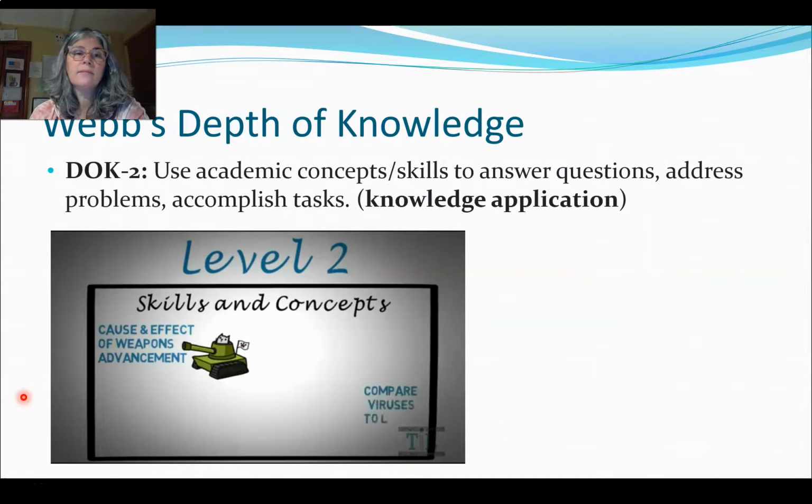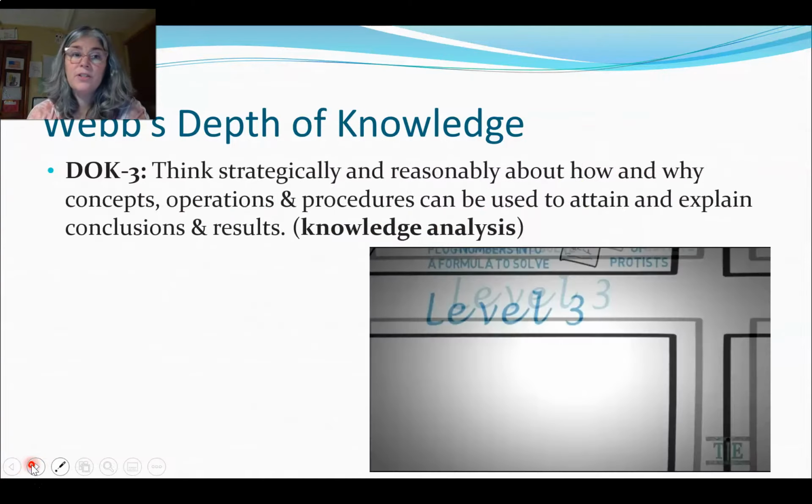The next example would be maybe to compare viruses to living organisms. Are viruses living organisms? What do they have in common? What is similar? What is different? So here, you're taking the information that you've learned and you're using it to either answer other questions or to accomplish a task. Let's move on to 3.